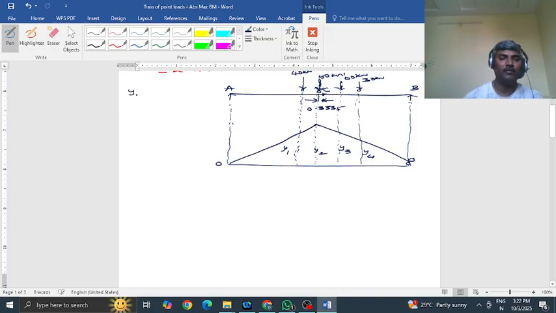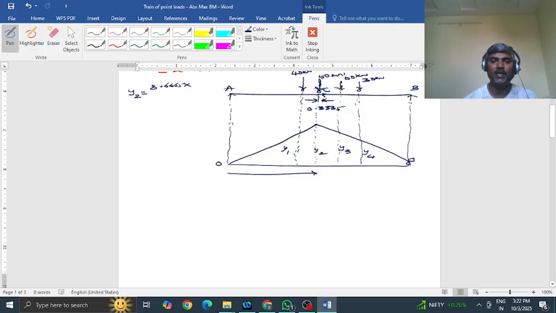So first let us calculate the y2 value. This distance up to y2 is 8.6665. How do you get this? Till C it is 9 meters, the midpoint of the beam. 9 minus 0.3335 is this much, multiplied by the right hand side span.